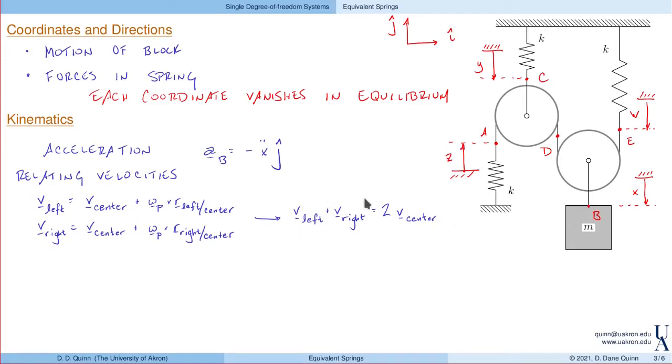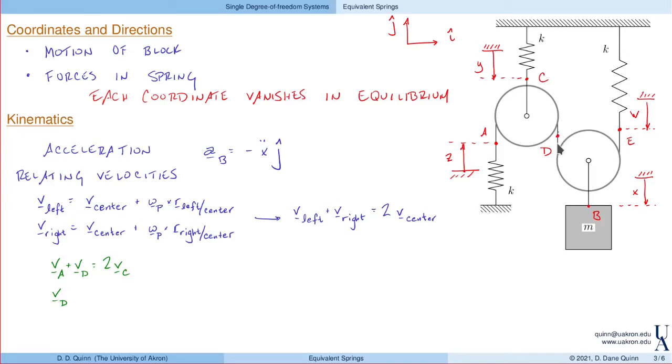And we can use this relationship on each one of these pulleys. So let's look at the pulley on the left first. On the left side of this pulley is the velocity of A, VA. The right side of the pulley is the velocity of D, VD. And that's going to be twice the velocity of the center, so that's going to be 2 times VC. In addition, on the pulley on the right, the velocity on the left is VD.